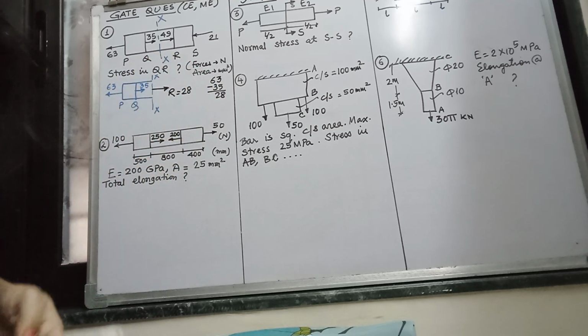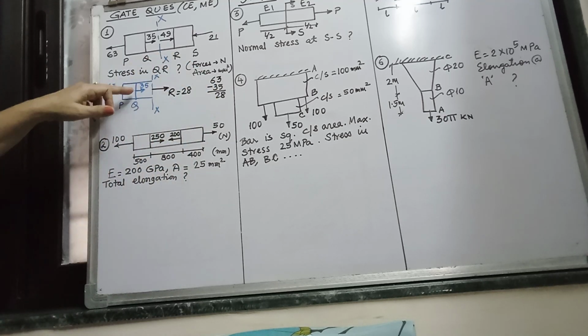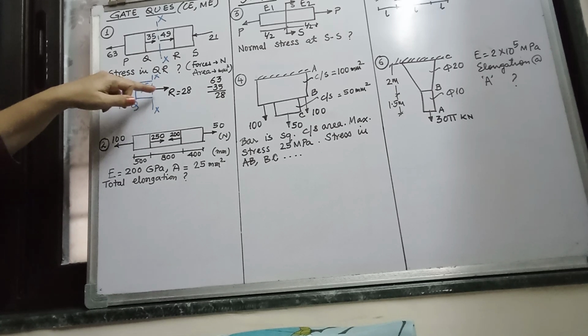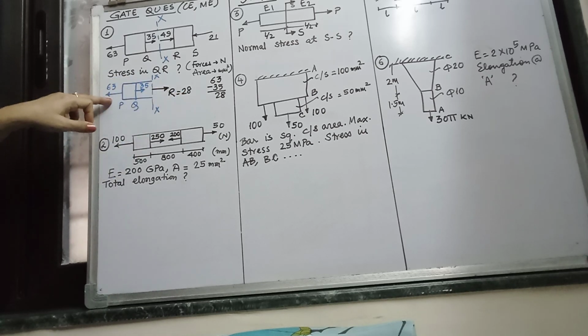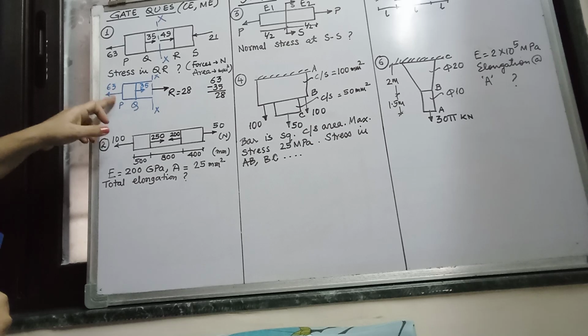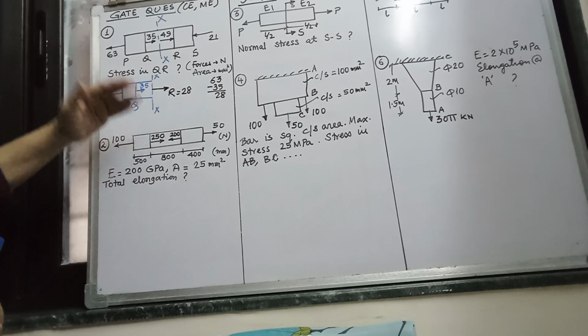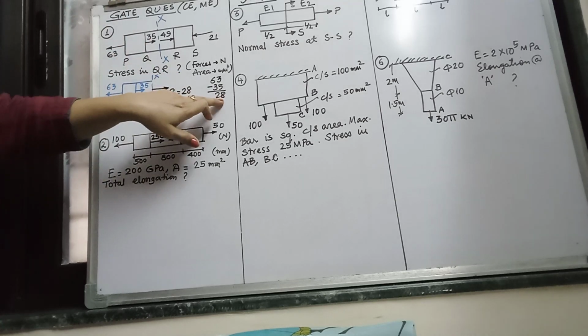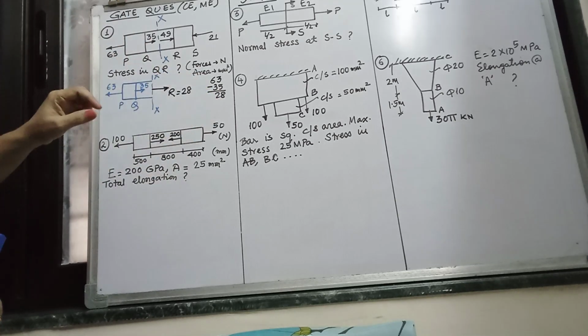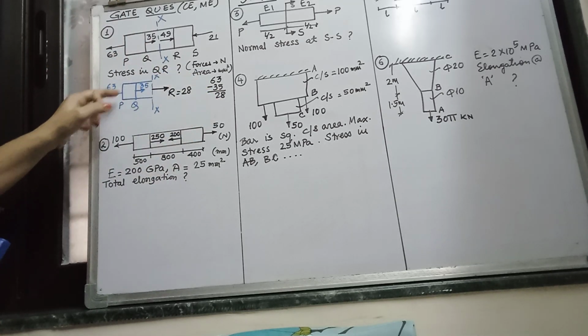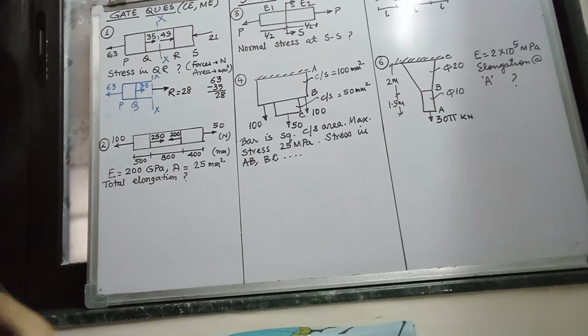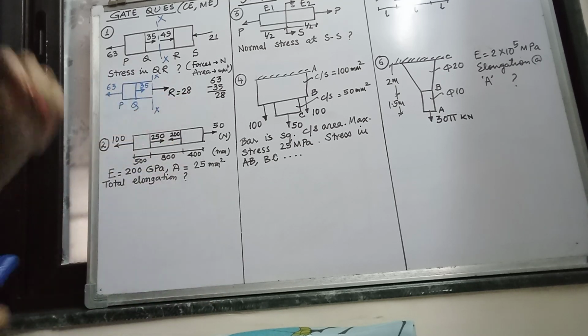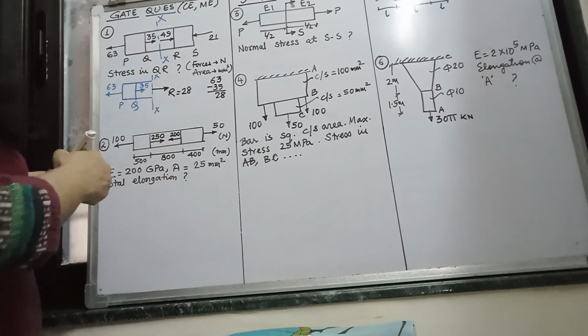Have you understood it? From equilibrium, left-hand side it is 63, right-hand side it is 35. So what will be the net internal resistance? That will be 28, 63 minus 35. Why minus? Because it is left, it is right. They should be opposite in sign, right? So this is the internal resistance, R equal to 28 Newton.